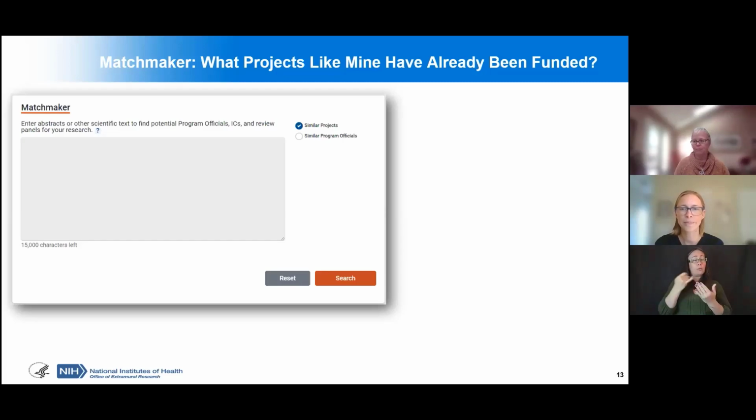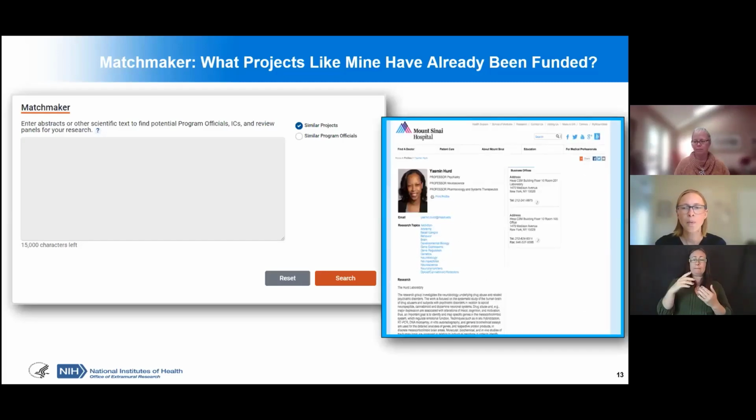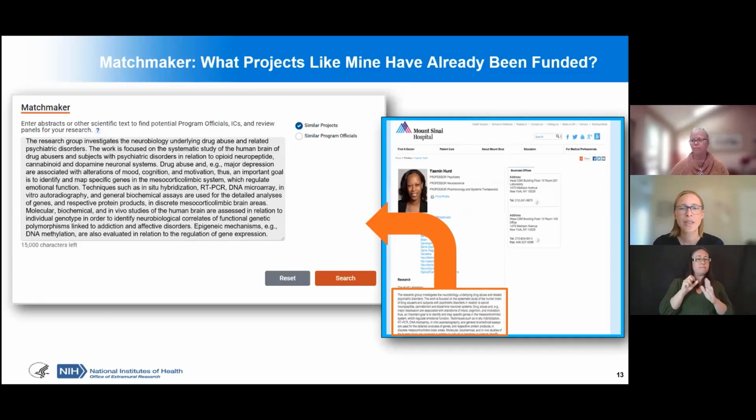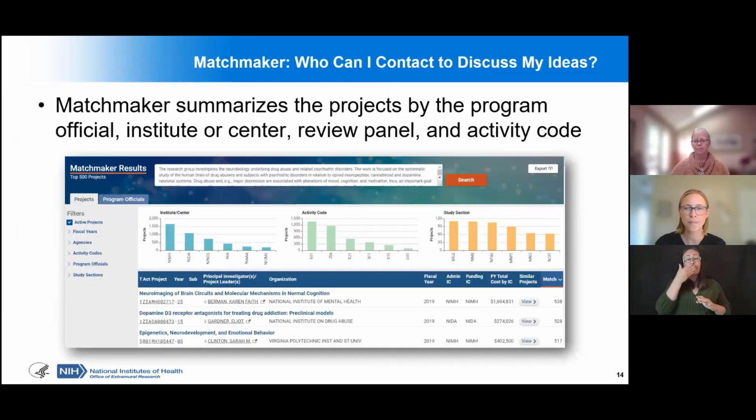The tool will return a list of those similar projects or a list of program officials associated with those projects. Here's an example where I'm starting with the researcher's description of her lab. Just paste this text into the box and decide whether you'd like to see a list of similar projects or similar program officials. When you click search, Matchmaker will analyze your text and find the best matches in Reporter.